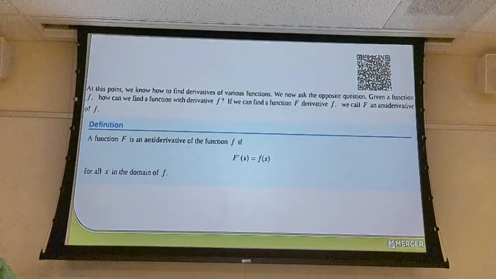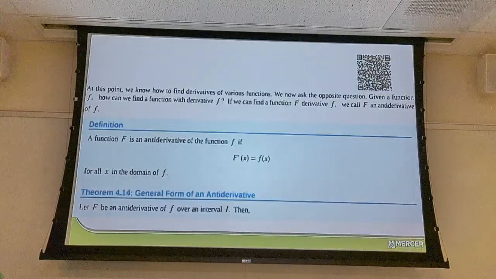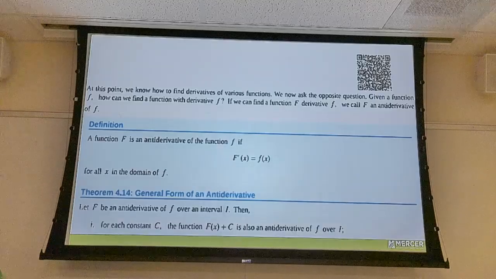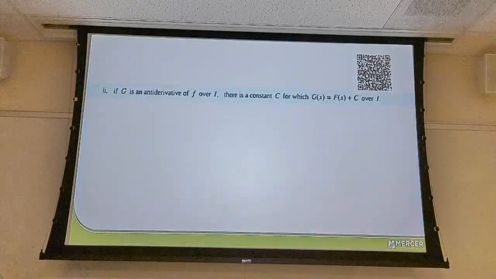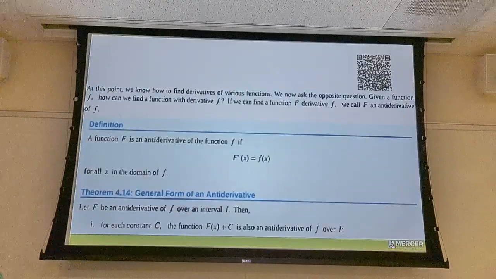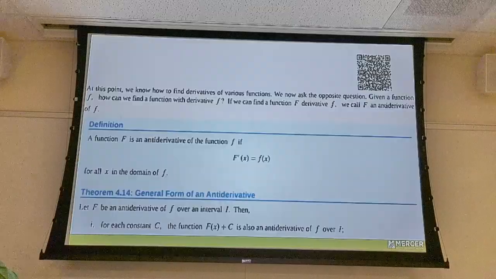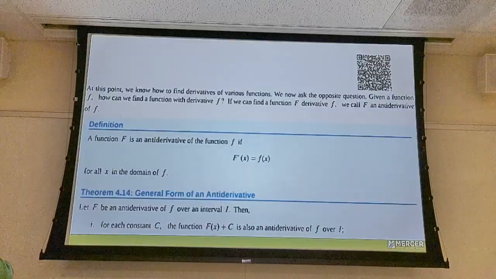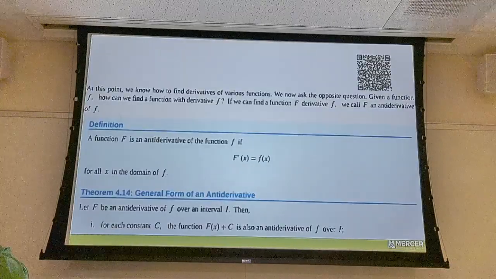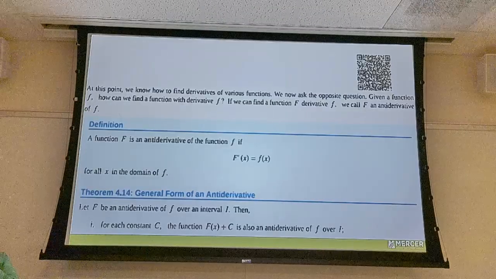So if a function does happen to have an antiderivative, it has an infinite number of them. We call that a family of antiderivatives, which leads into the general form of an antiderivative. Right, so big F is an antiderivative. For every constant big C, so is big F plus C. So this is saying that every antiderivative, you can add a constant to it, and there's still an antiderivative.